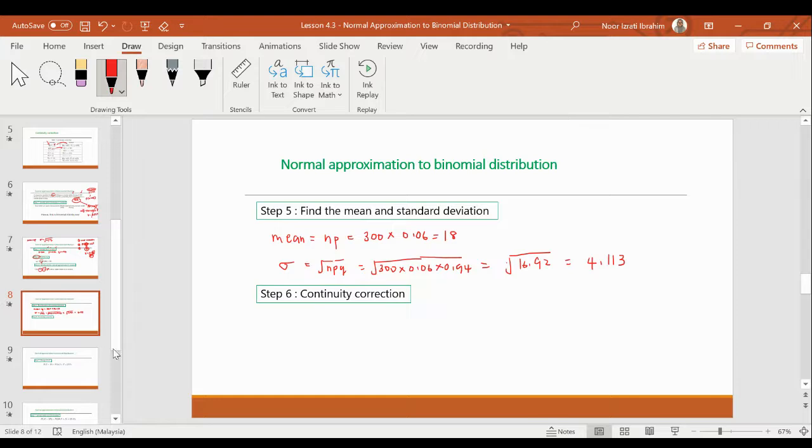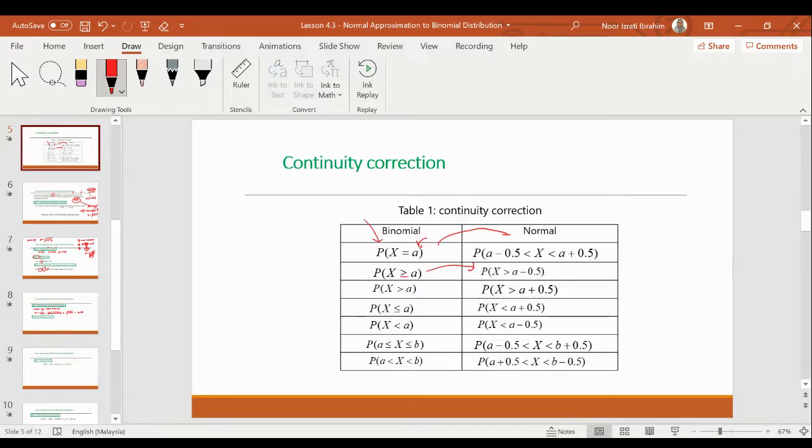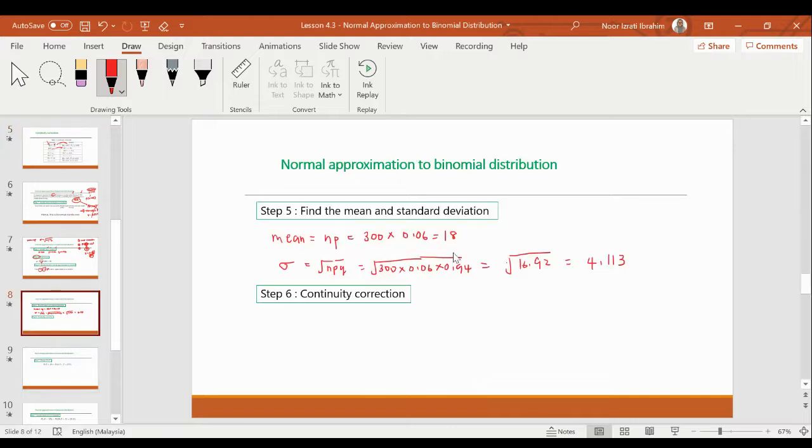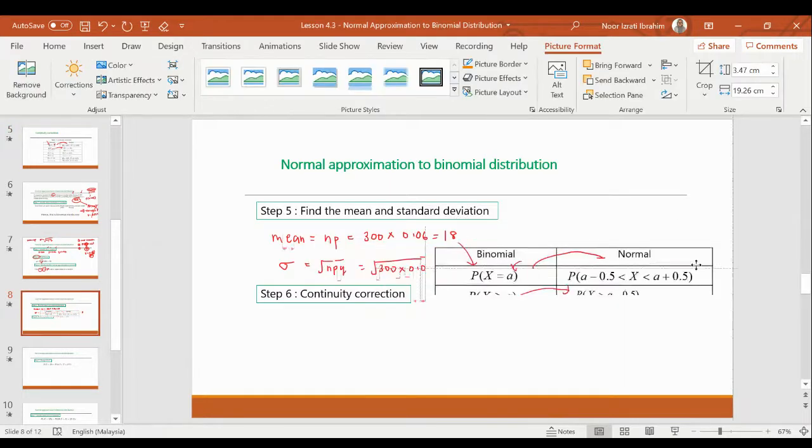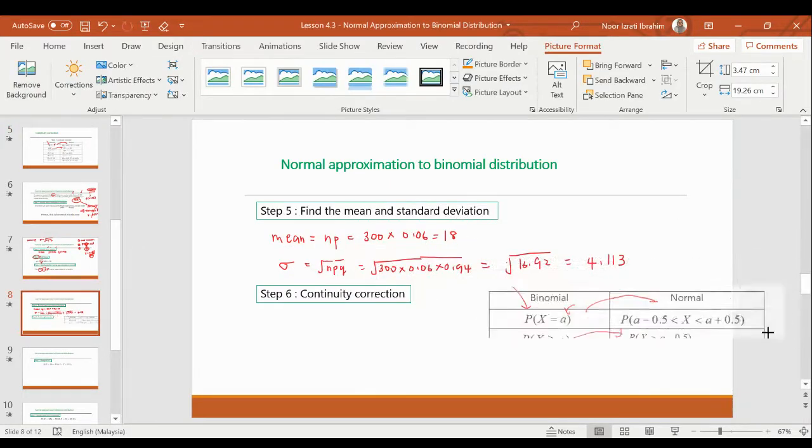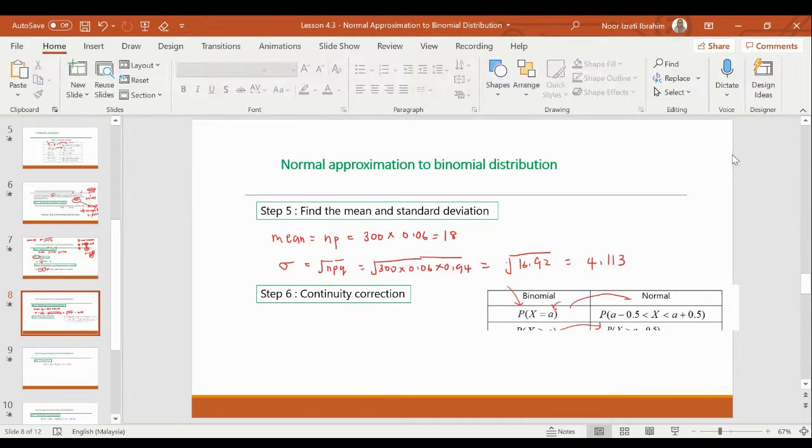Now we do continuity correction. Let me paste this table here. Hold on, let me just snip this. Only need this one. So the continuity correction is when, just now, the question asks us to find probability when x equals 25. So this is a binomial random variable.